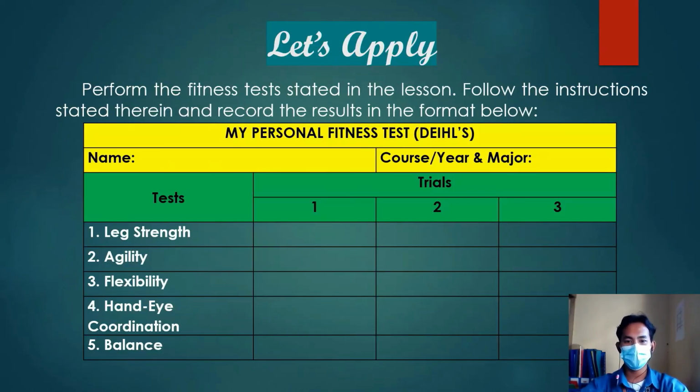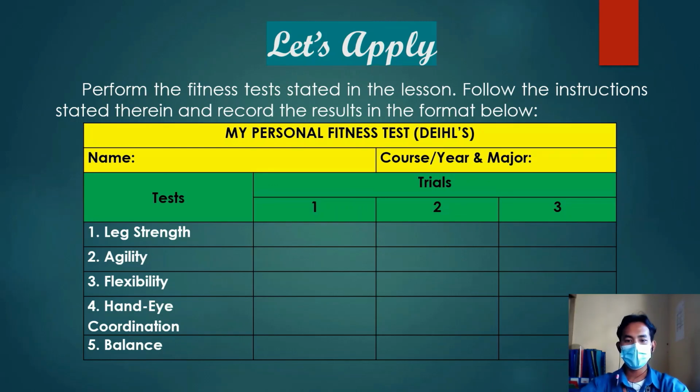Let's apply what you have learned. Perform the fitness test stated in the lesson. Follow the instructions stated therein and record the results using the format below. Tandaan lang po natin na you are going to do the test in 3 trials.